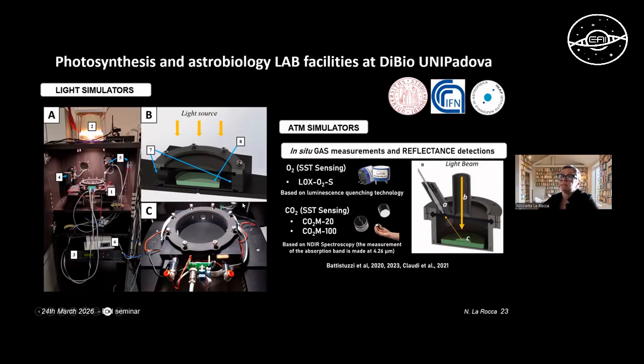In this chamber, the growing organism increases the oxygen in the atmosphere, and the changes in oxygen level and CO2 use can be detected remotely by special sensors that allow us to measure the photosynthetic activity of the organism online. The setup can also be equipped with a reflectance detection system that allows us to collect data about the reflectance spectra of the organism growing under the different conditions.